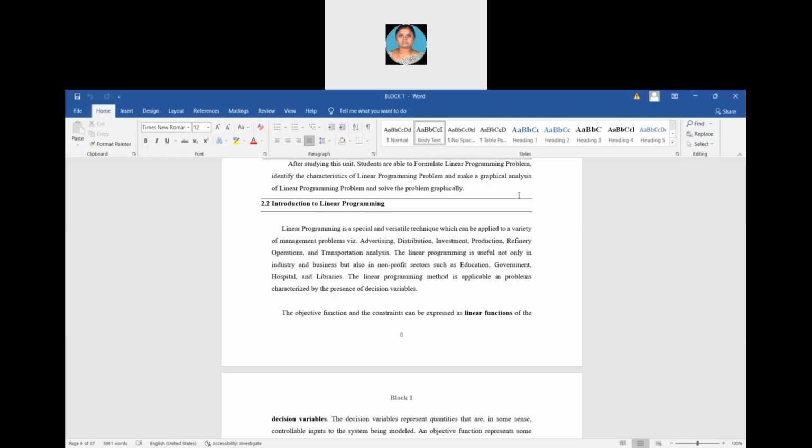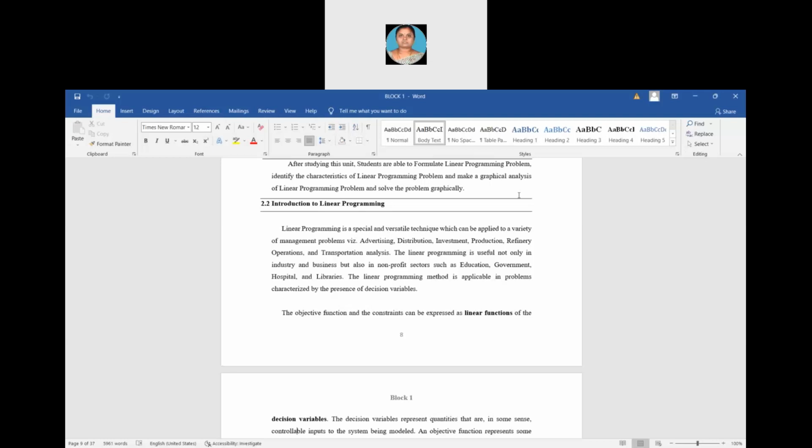The linear programming is very useful not only in industry and business, but also in non-profit sectors such as education, government, hospitals, and libraries. For solving the problems, we can use the optimization technique by using the linear programming problem.